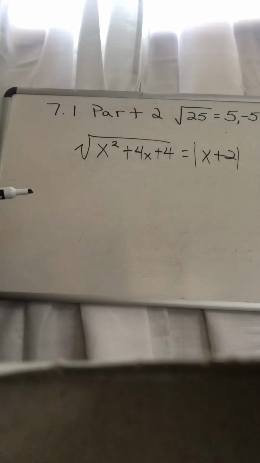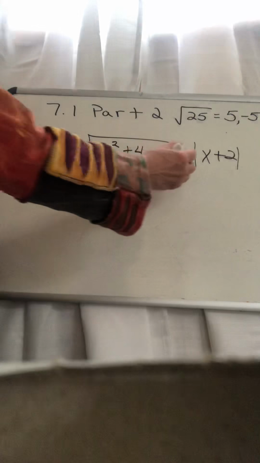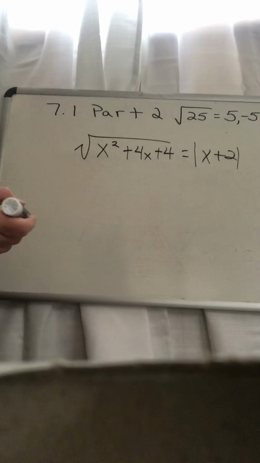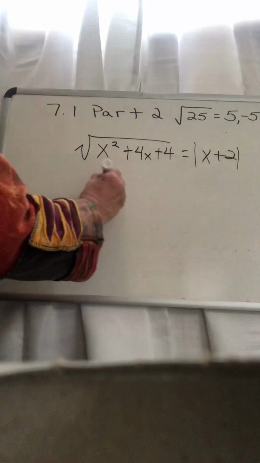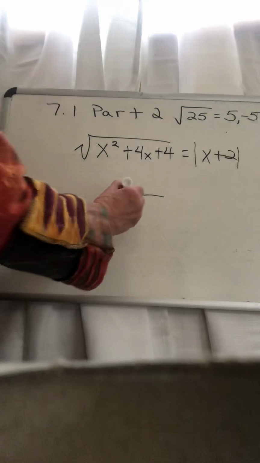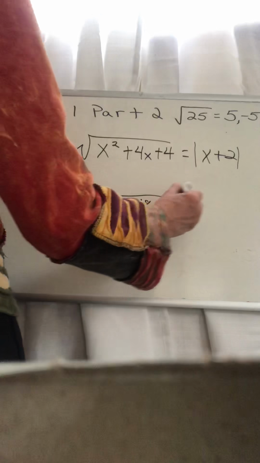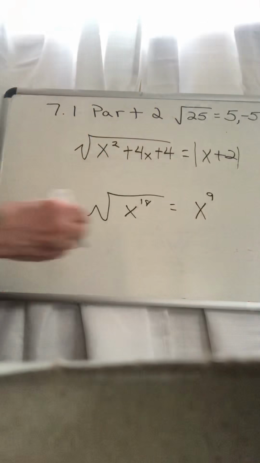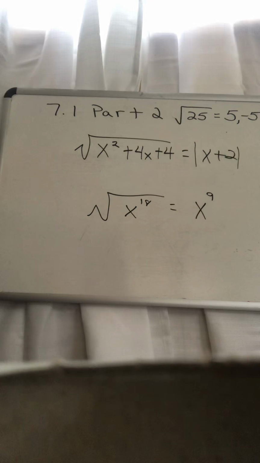So don't forget your absolute value bars. All right, and then the last one, number 4, says simplify, assume that the expression being squared is non-negative. And so you should have gotten x to the 9th, and you do not need the absolute value bars on that one.